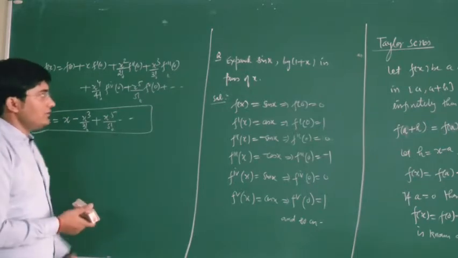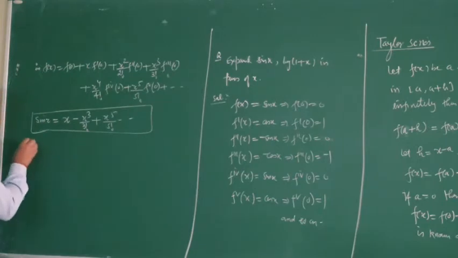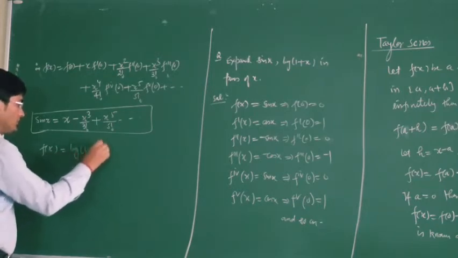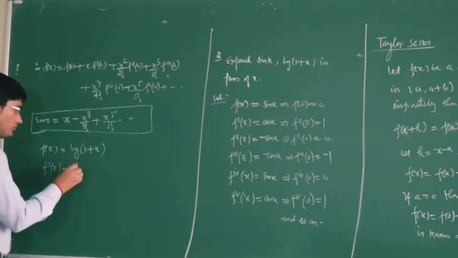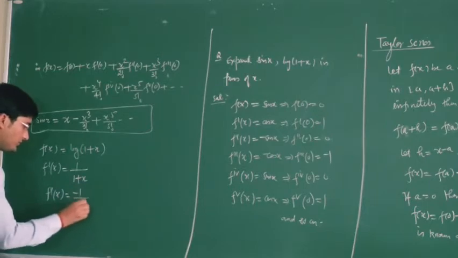And similarly we can expand this term log(1 plus x), because in this second part, let us assume f(x) equal to log(1 plus x). Then your f dash x will be, differentiation of log x will be 1 upon 1 plus x. F double dash x will be minus 1 upon (1 plus x) square.